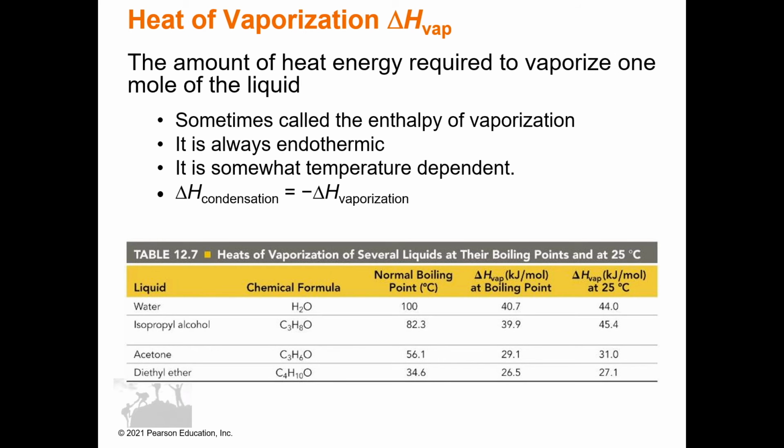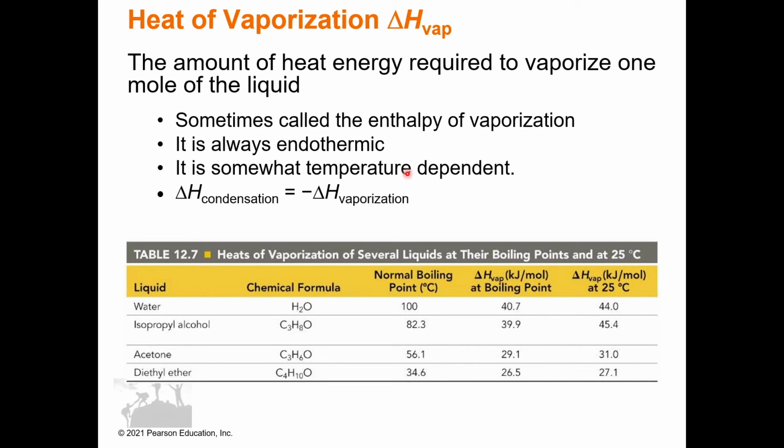So the heat of vaporization is also called the enthalpy of vaporization because we have delta H here. And that's the amount of heat required to vaporize 1 mole of a liquid. So here you can see in the table that our unit is most likely going to be kilojoules per mole.